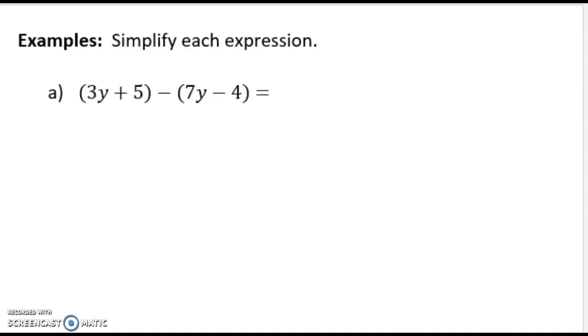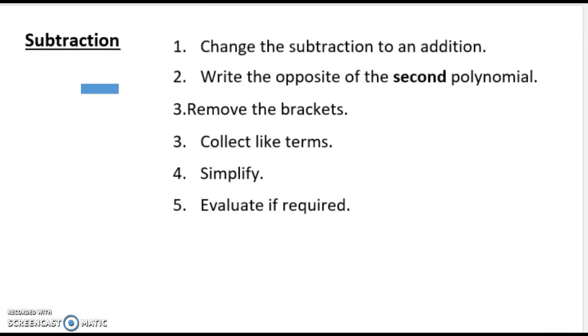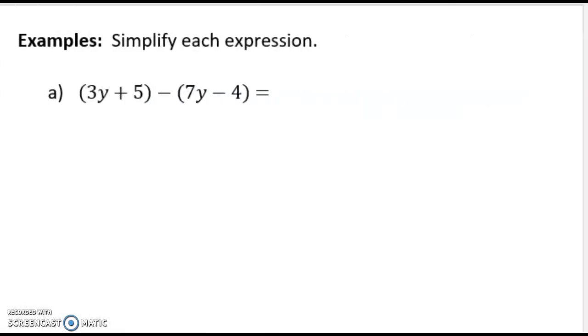So the first bracket, it says we are going to change the subtraction to addition and then write the opposite of the second polynomial. So that means this first one right here is going to stay the same. So I'm going to write it 3y plus 5.